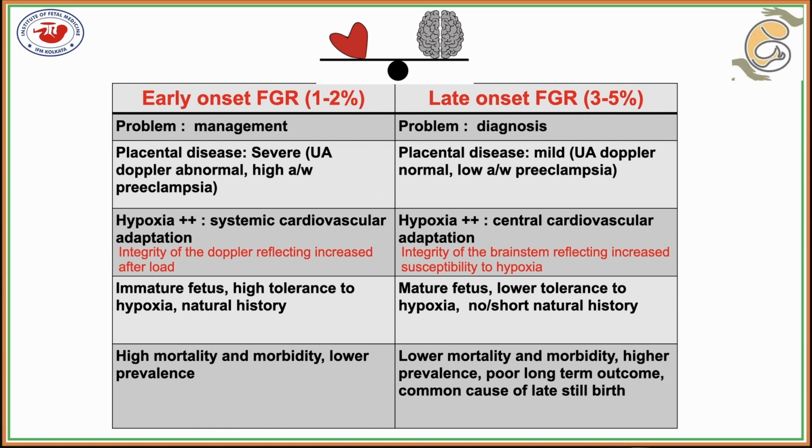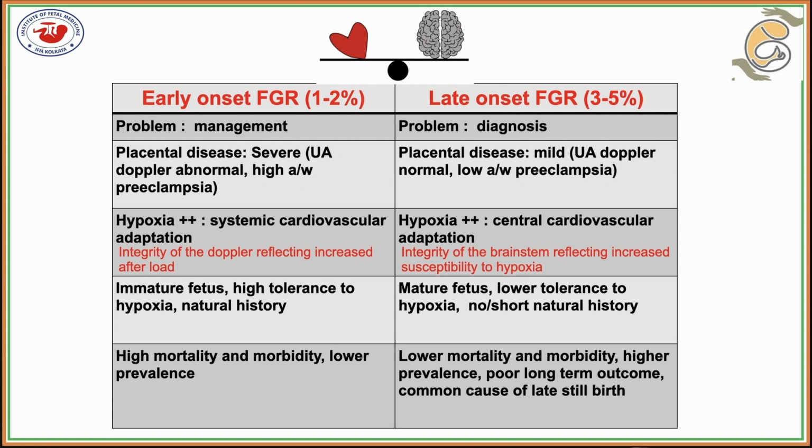Because in late onset, if we see something dropping, we know it is more than 32 weeks, so the easier way is to deliver. But the problem is diagnosis, because many times there are problems with the biometry measurement, the baby is not in a good position, there are errors in measurements. So there is always that dilemma whether I am measuring correctly or not. So diagnosis is a problem; management is never a problem.